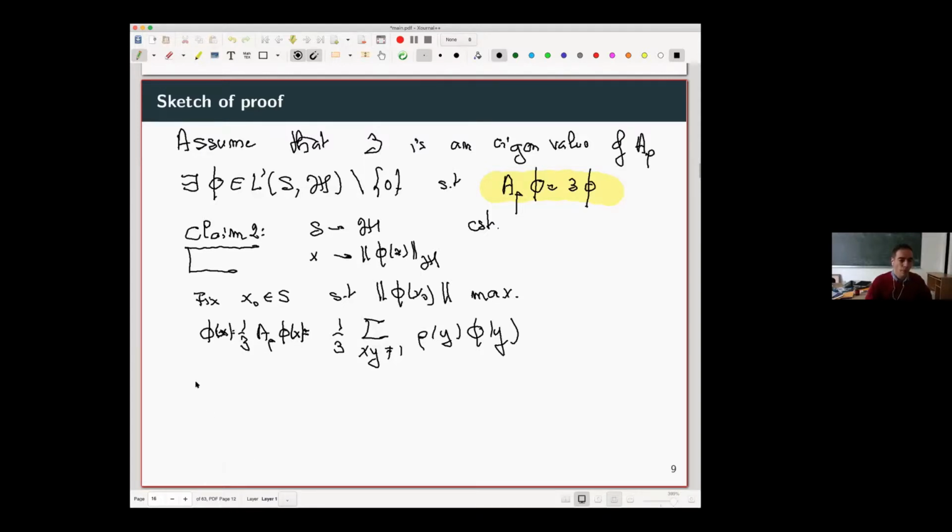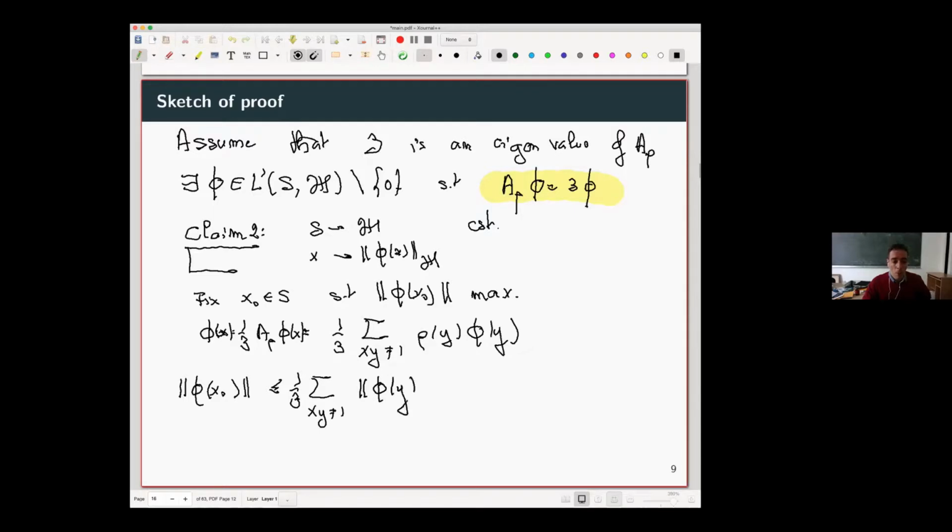So in particular, if I compute the norm of phi of x naught, I can apply the triangle inequality and I get at most 1/3 the sum over all y different from x naught inverse. And rho now is a unitary operator. So the norm of rho y phi y is just the norm of phi y.